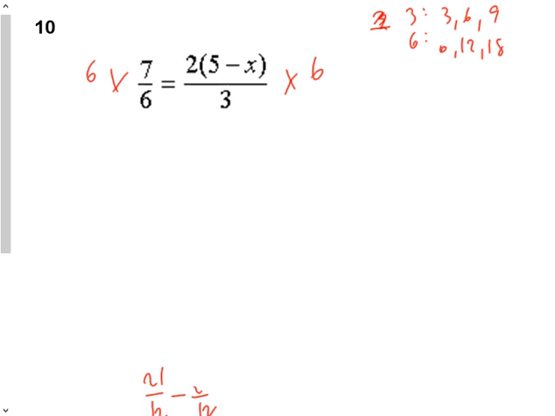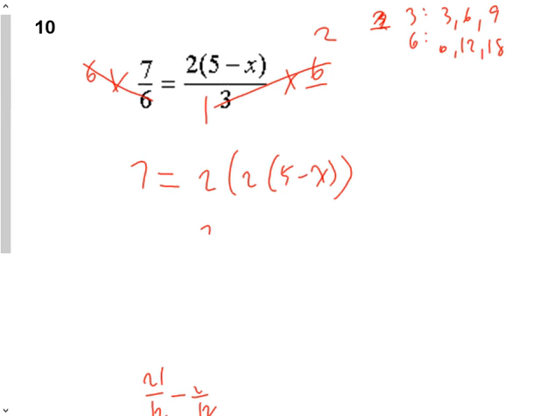Over here, I'd be left with 7. Over here, I would be left with two groups of 5 minus x, or two groups of 10 minus 2x, or 20 minus 4x.